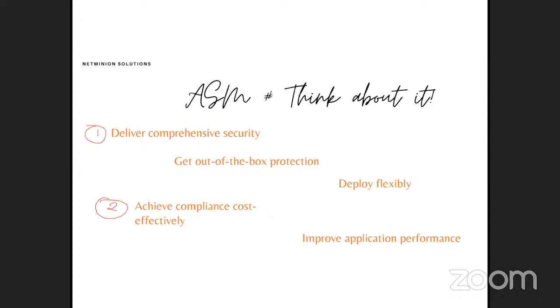This also complies with your industry standards, like PCI DSS, or maybe your organization has HIPAA, or Basel 2, or multiple other such standards, which are already inbuilt in your ASM box.